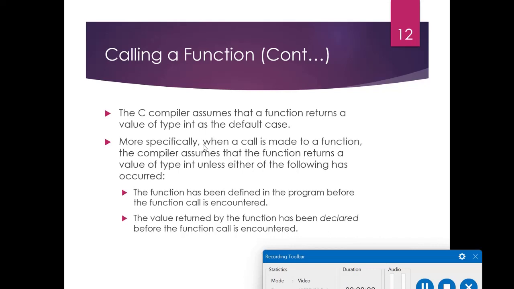But if the function has not been defined, in the default case it identifies the return type as integer. If the value returned by the function has been declared before the function call is encountered, that's no problem. If not, it takes the return value as integer. Okay.